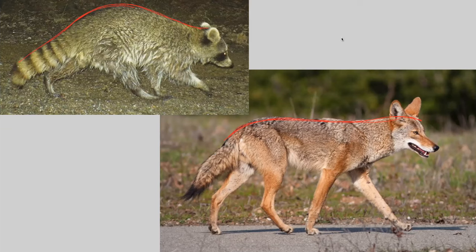If there's a chipmunk and it's sitting there, chewing on something, I might get a line like that. If there's a weasel that's moving, I might get kind of a line like that. If there's a deer grazing, I get a line like that. So different critters, different poses, that line of the back is going to be a different shape.